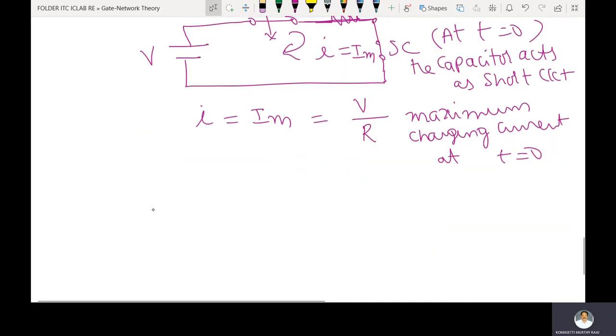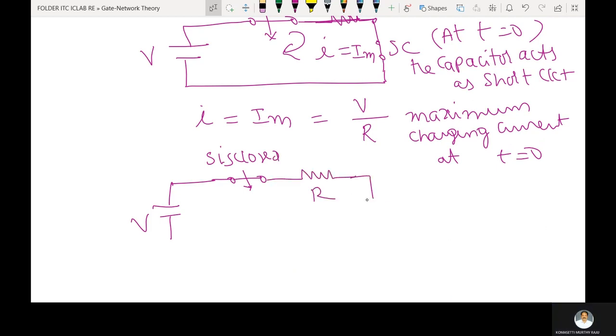At any value of t, this is the source voltage. The switch S is closed. This is the resistance R. This is the capacitor C. The instantaneous voltage across it is Vc of t.